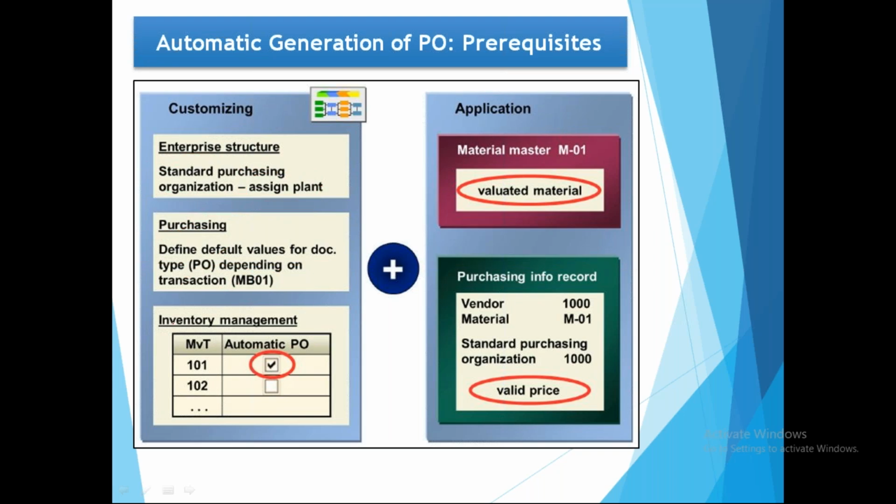And in the inventory management movement type, for that particular movement type you need to activate the checkbox, automatic PO. Now I'll show you where these three settings are made. Once they are made, we will do the automatic PO at GR.